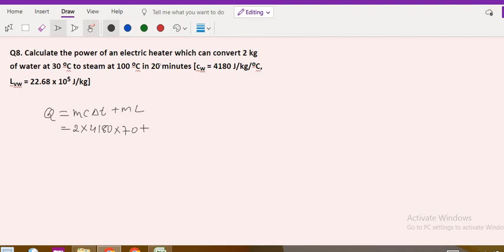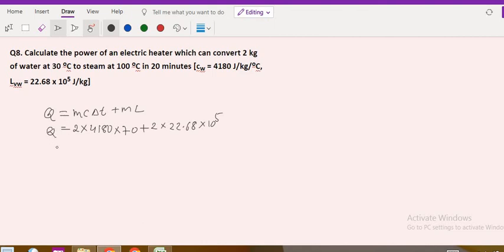So the mass would remain the same, equal to 2, and the latent heat of vaporization of water that is given to me is 22.68 into 10 to the power 5 joule per kilogram. This is the latent heat of vaporization of water, that is the amount of heat required to convert water at 100 degrees Celsius to steam at 100 degrees Celsius. The temperature would remain the same.